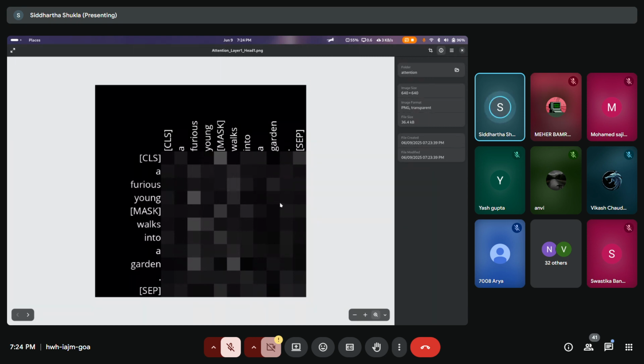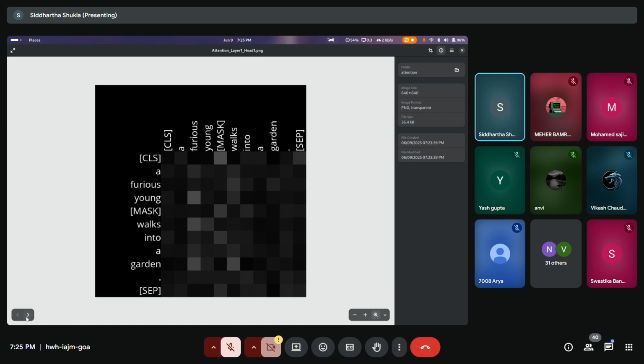Right now the attention block is learning, that's why the attention computation is very noisy. And by the way, CLS stands for classification. It marks the start of a sentence, and SEP is the separator token, and it marks the end of this sentence.